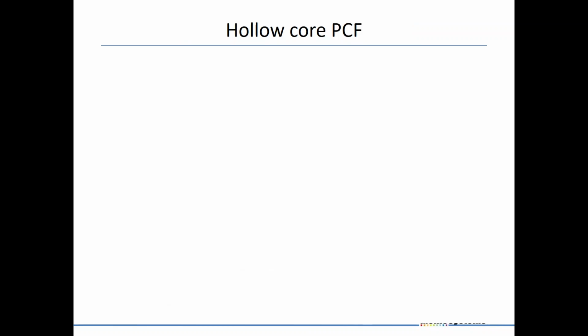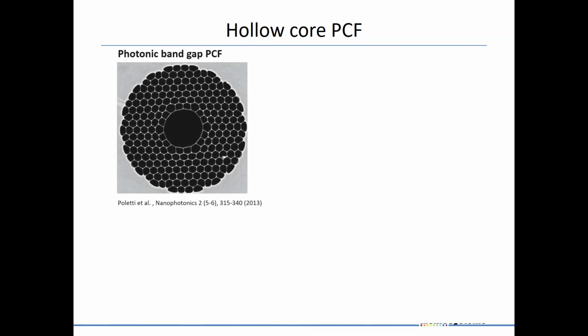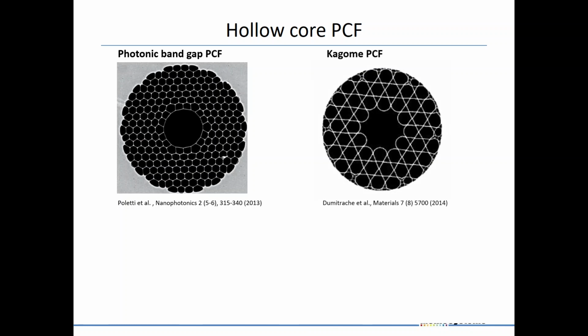Okay, let's talk a little bit about hollow core photonic crystal fibers. There are two types. One is the photonic band gap PCF, and the other one is the Kagome PCF. In a step index model, it's impossible to understand why these structures guide any light at all. For the photonic band gap fiber, the explanation is the photonic band gap effect.